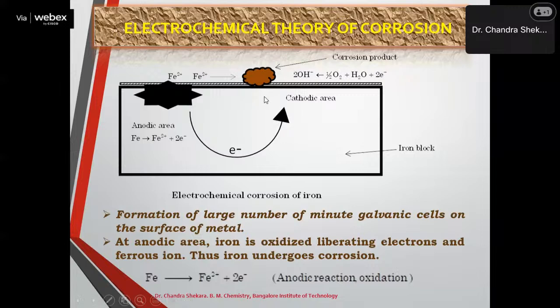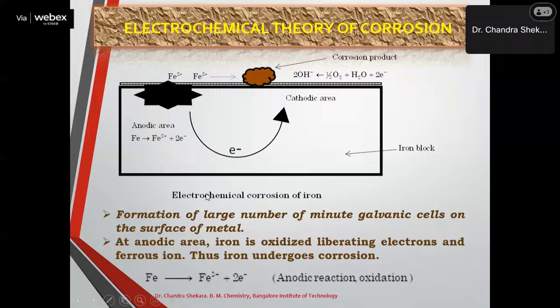You all know in electrochemistry, you come across only one type of reaction, that is a redox reaction. You all know the meaning of a redox reaction. A redox reaction is simultaneous reduction and oxidation. It is a combination of both reduction as well as oxidation.